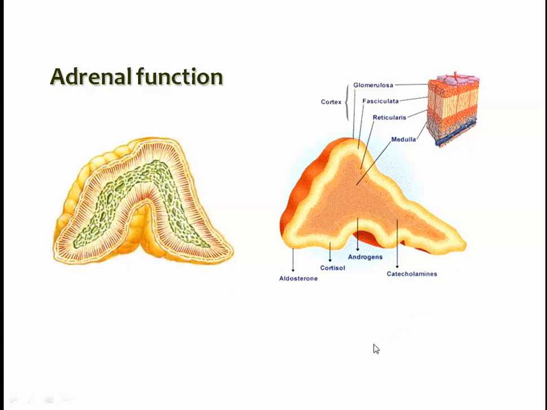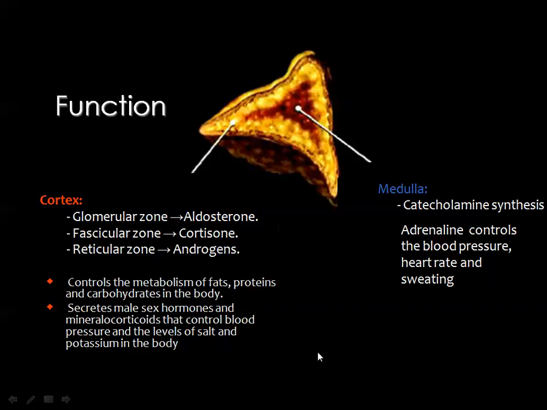The adrenal gland is composed of a cortex and a medulla, and the cortex is formed of three layers: the zona granulosa, the zona fasciculata, and the zona reticularis. All these three zones form the cortex, while the core of the gland forms the medulla. Of course, you cannot separate the cortex from the medulla by imaging.